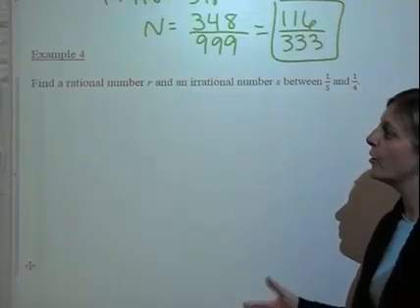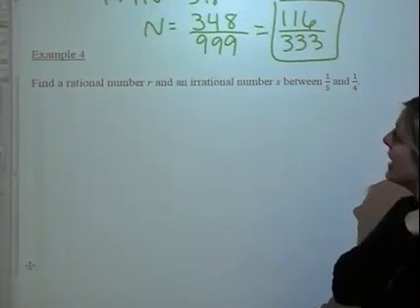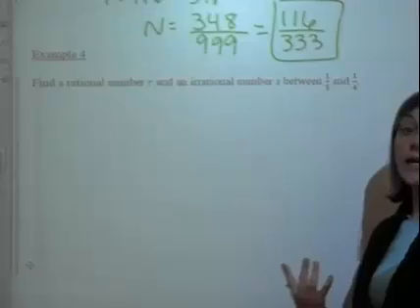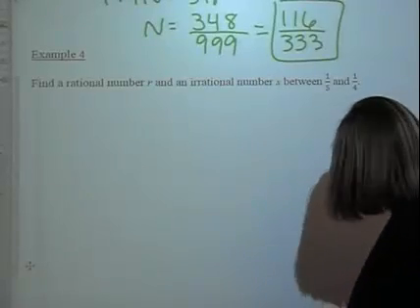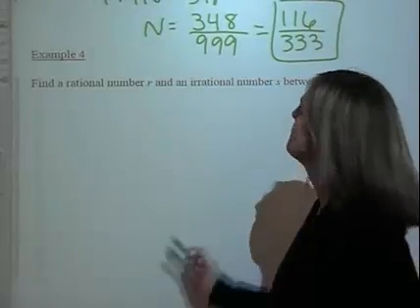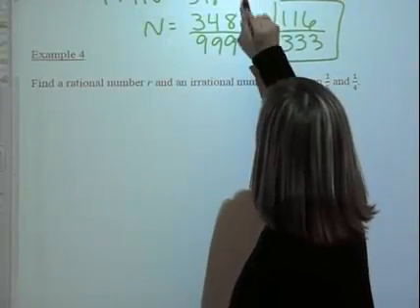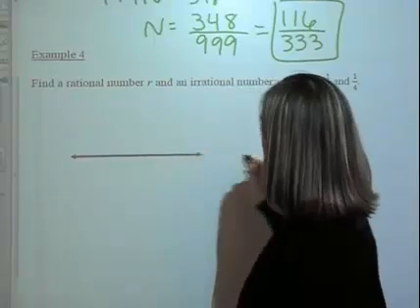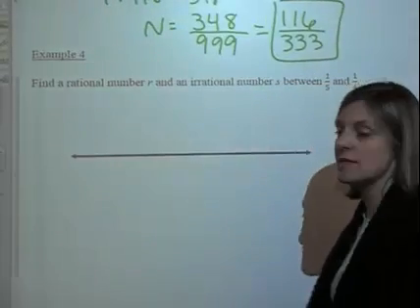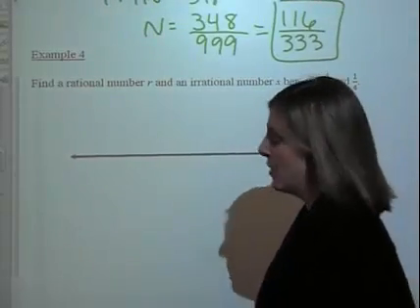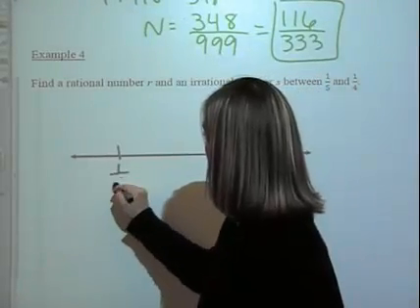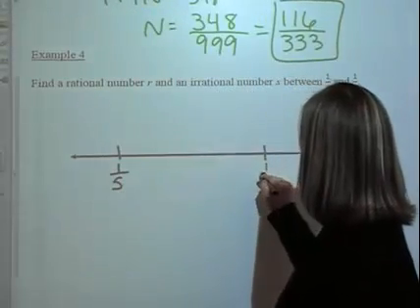Now, example number 4, find a rational number and an irrational number between 1/5 and 1/4. Well, let's take a look at a number line. All right, so suppose we have this number line here, and we've got 1/5 and 1/4.